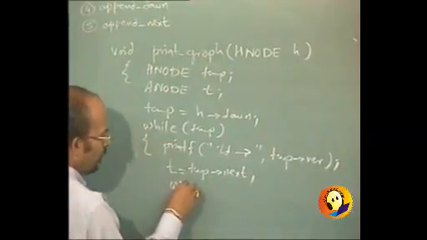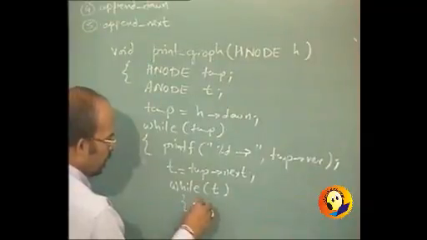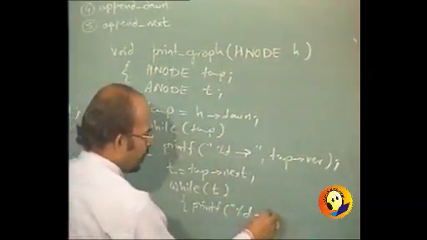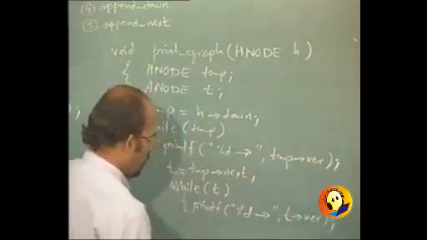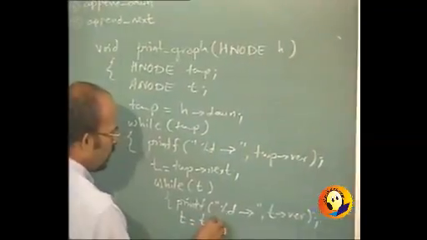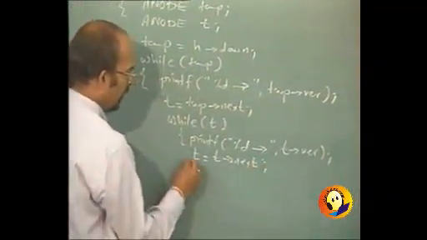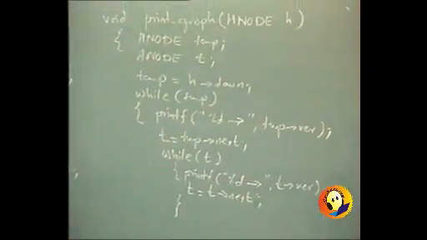And while T is not equal to null, printf %d T arrow VER and T equal to T arrow next. So it will go on horizontally in that list, in the next list. We'll keep on printing all the vertices.